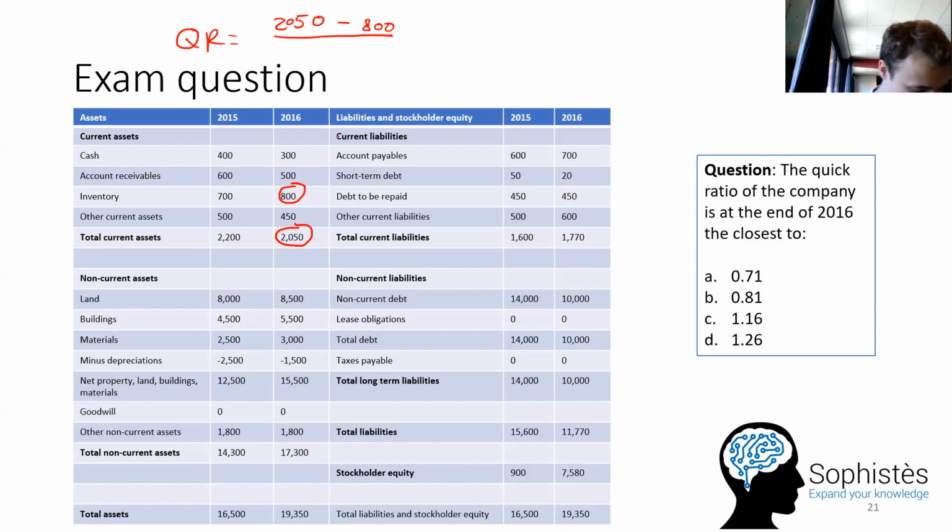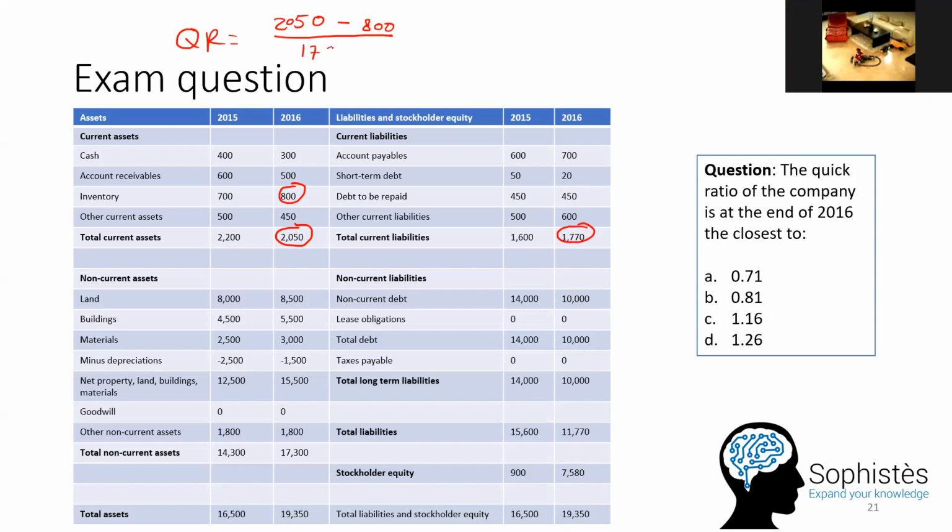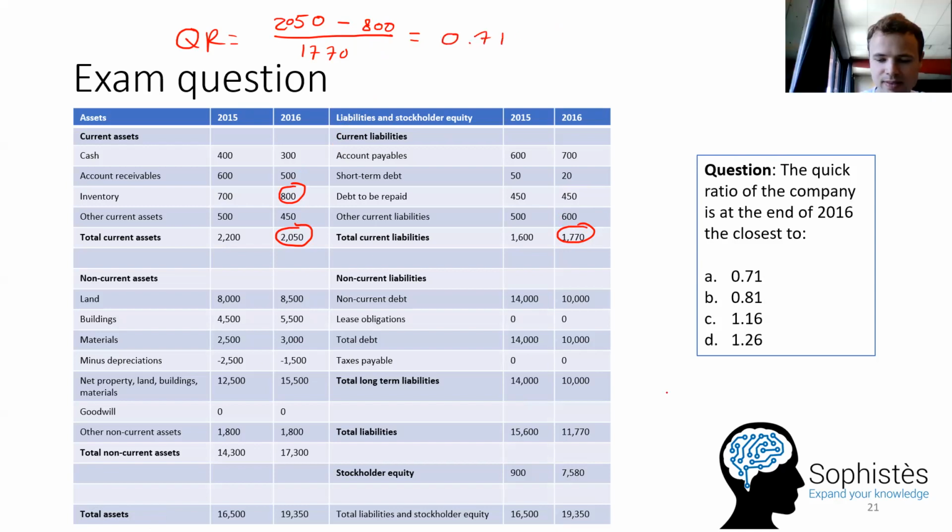Divided by total current liabilities, which is 1770. And the result is 0.71. Yes, very good.